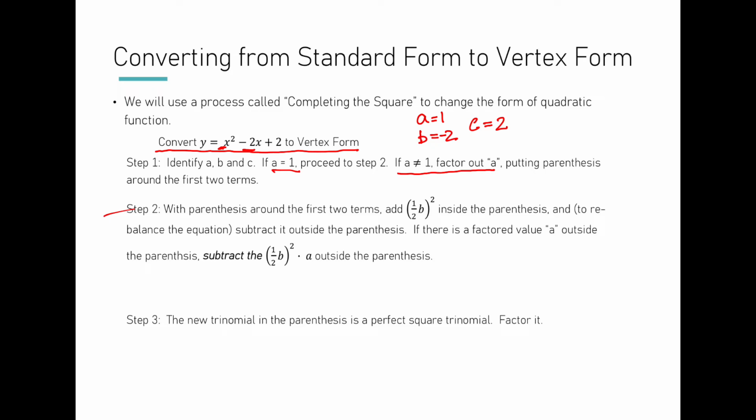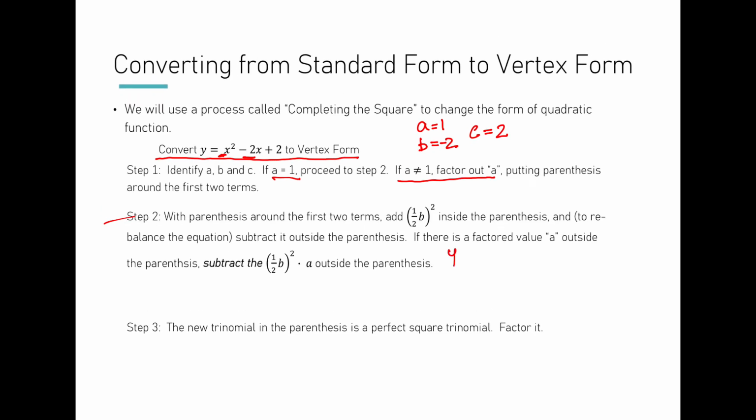But the main thing we have here is we want to rewrite this. I'm just going to go ahead and start this process over here. I want to put parentheses around the first two terms. So x squared minus 2x, and then I'm going to leave a space here, plus blank squared, or nope, not squared yet. Can't do that. All we did was put parentheses there. So I put parentheses, I left a blank spot. The plus 2 part of it, I'm just going to leave outside of the parentheses.